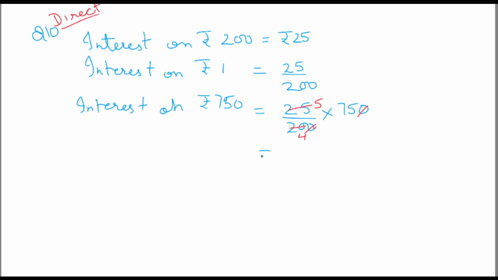What will be there? 375 divided by 4, and when we divide it, we will get rupees 93.75.